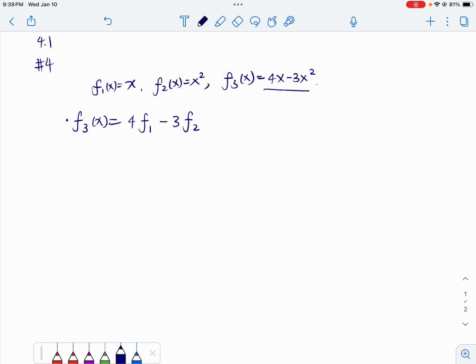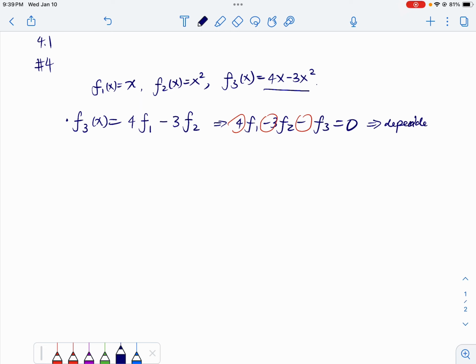This already tells me that these three functions are dependent, because you can rewrite this as 4f1 minus 3f2 minus 1f3 equals 0. And you can see that there's a non-zero coefficient, so that the linear combination is equal to 0. That means it's dependent.